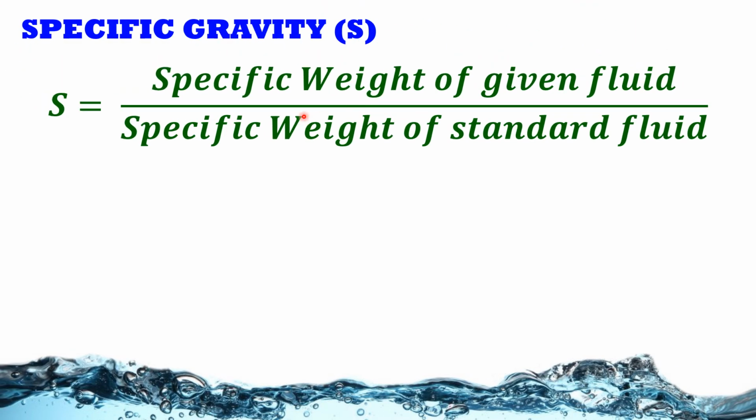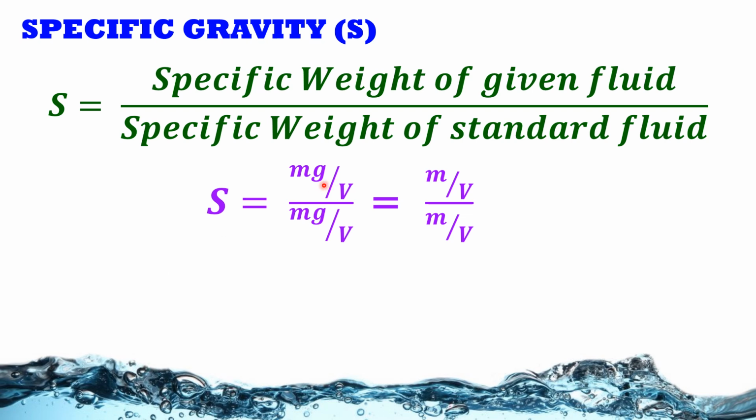The next property is specific gravity denoted by capital S. It is the ratio of specific weight of a given fluid to specific weight of a standard fluid, where specific weight is equal to mg divided by V for the given fluid, and the same is repeated for the standard fluid. The acceleration is common for both conditions, so we can say S is equal to m by V over m by V. m by V is nothing but mass density.